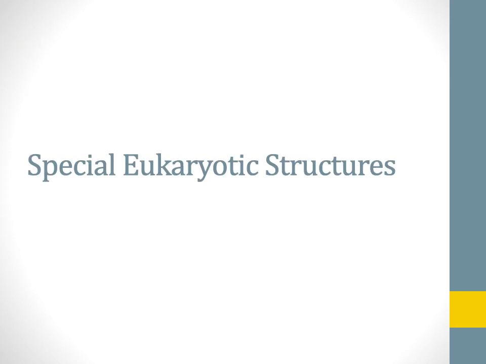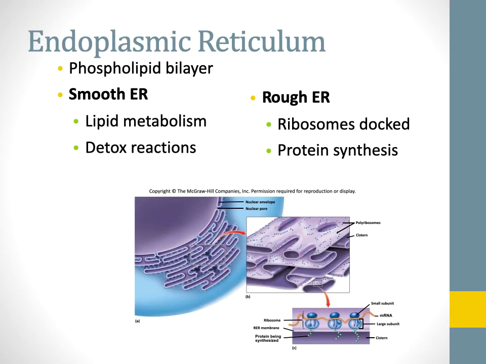There are some special eukaryotic structures, and maybe not so special. You've probably heard of them before, unlike the prokaryotic structures. So for the eukaryotic structures, we have the endoplasmic reticulum, or the ER. So the smooth ER does not have the ribosomes present, so it has a smooth appearance, and this is where we have lipid metabolism and also detoxification reactions.